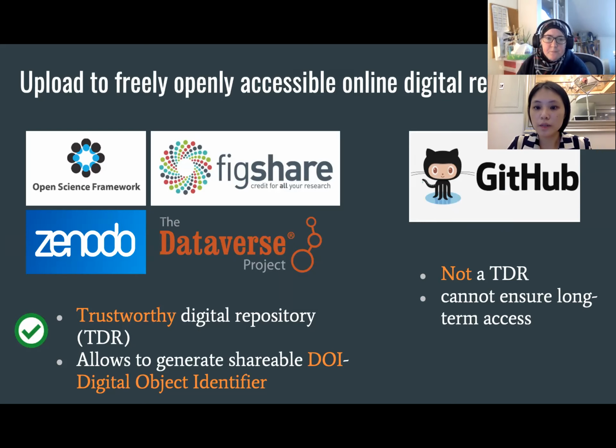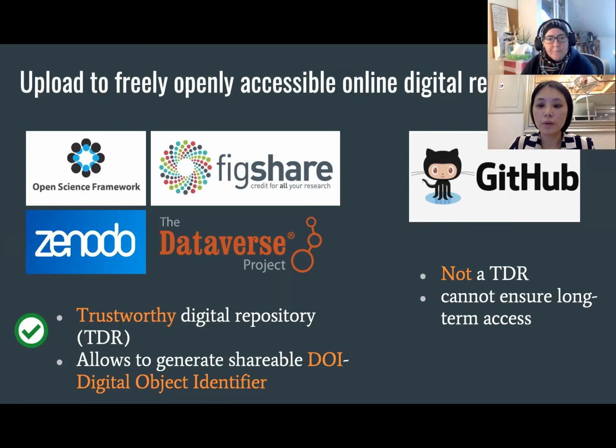those repositories are trustworthy digital repositories, TDR. The mission of a TDR is to provide reliable long-term access to managed digital resources to its community now and in the future.